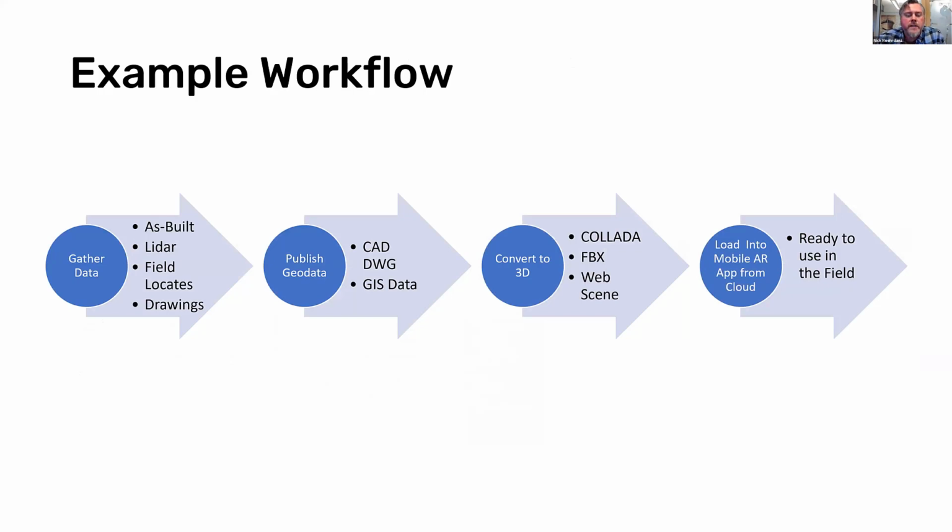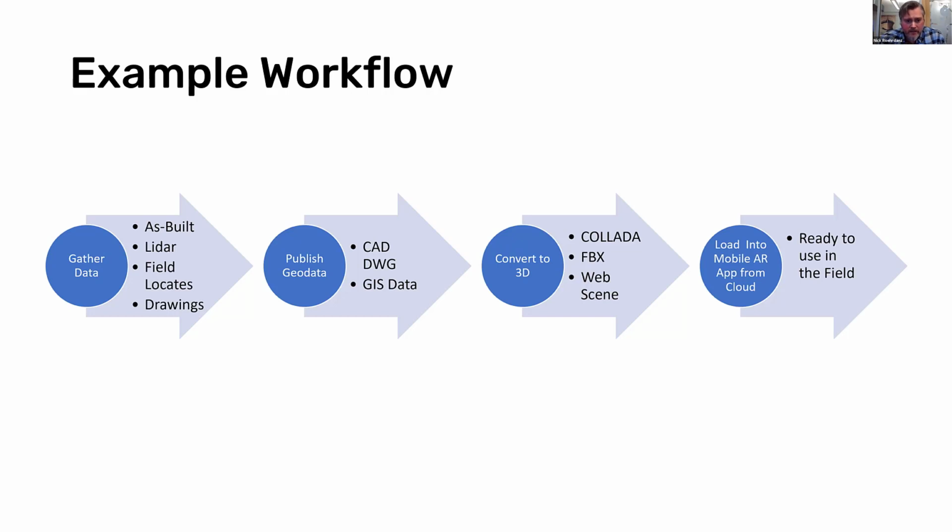Here's an example workflow for using AR. Obviously, the first thing you do is gather your data, whether it's as-built information, something from a Lidar scan, field locates, drawings, etc. Then the workflow we typically use is to convert that to either a CAD drawing or some sort of GIS format, like I did in the previous slide.